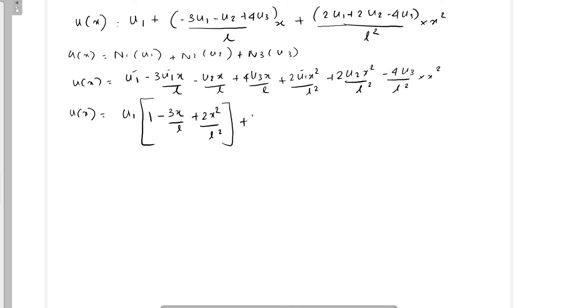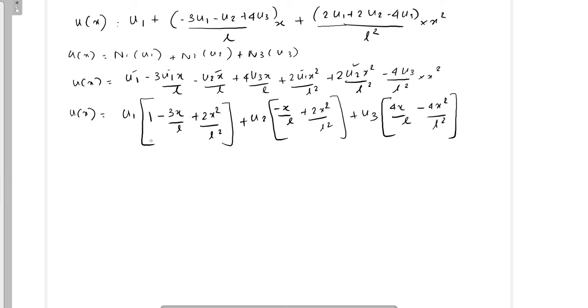The next, in terms of u2, if you take u2 common outside, here it is minus x by L and plus 2x square by L square. And plus u3, the remaining terms are 4x by L minus 4x square by L square.